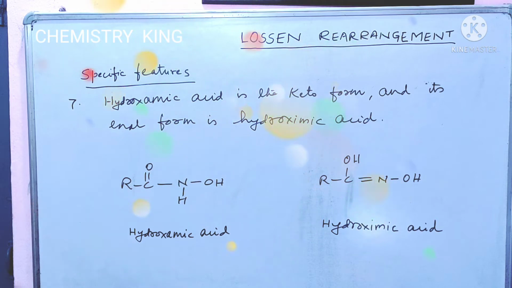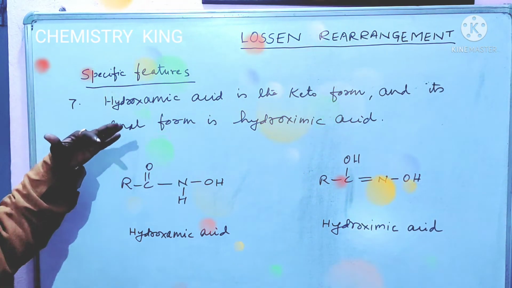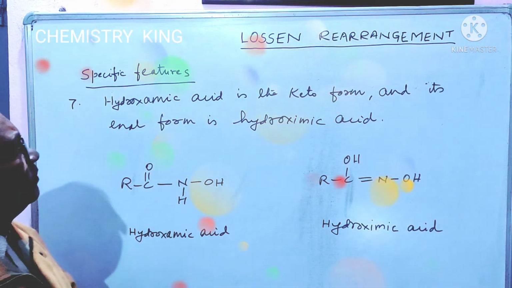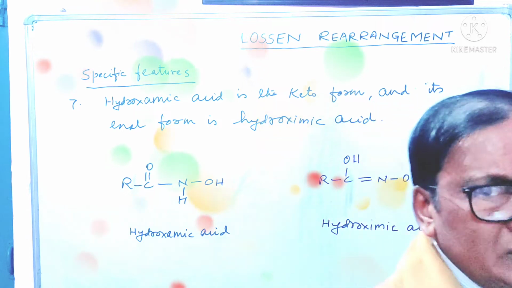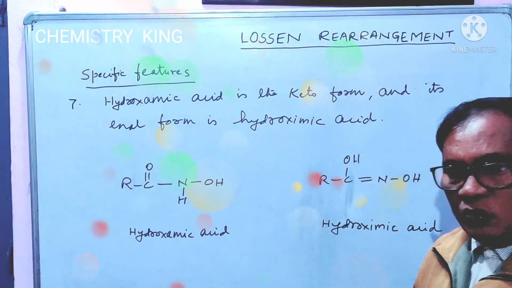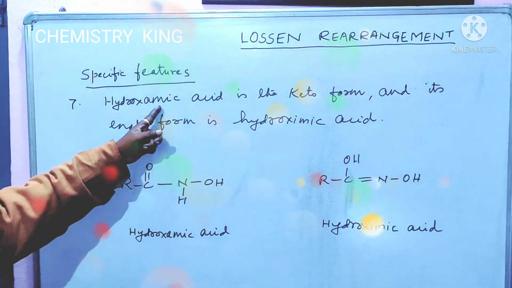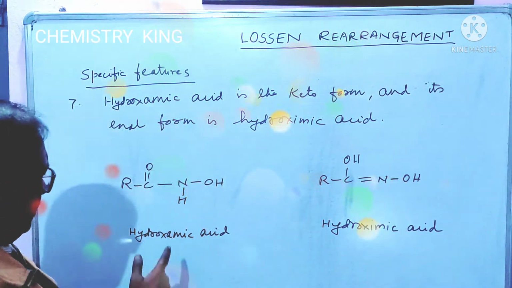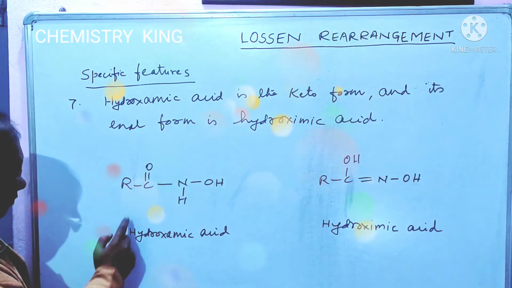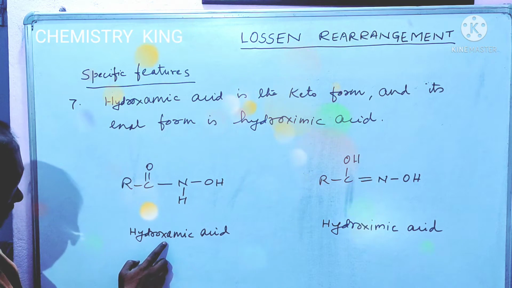Point 7. It is the last specific feature of Lossen rearrangement, and now we are going to finish the lecture. Hydroxamic acid is the keto form. And its enolic form is also called hydroxamic acid.